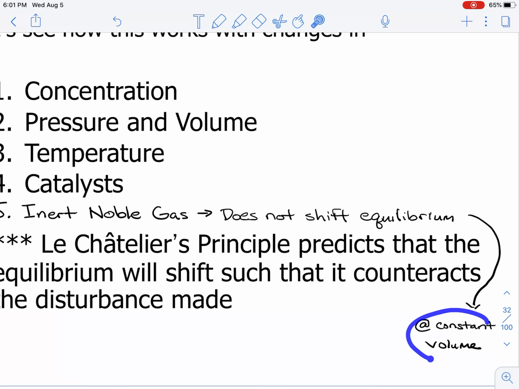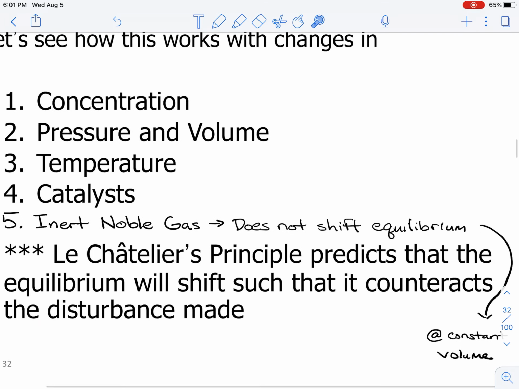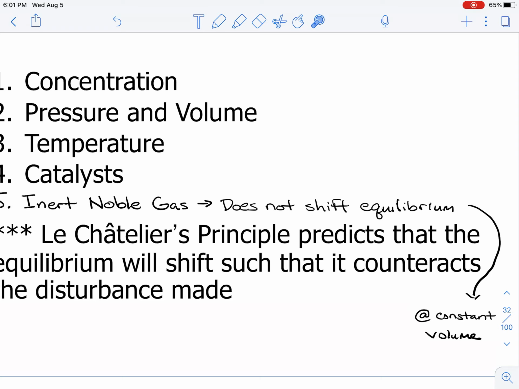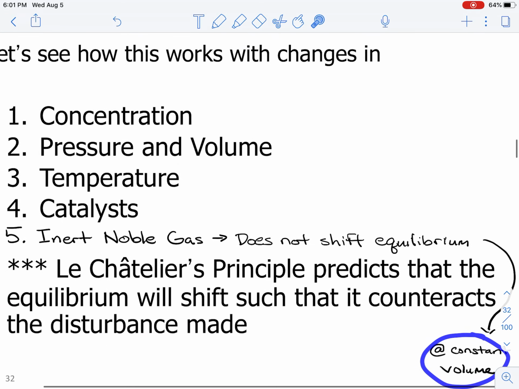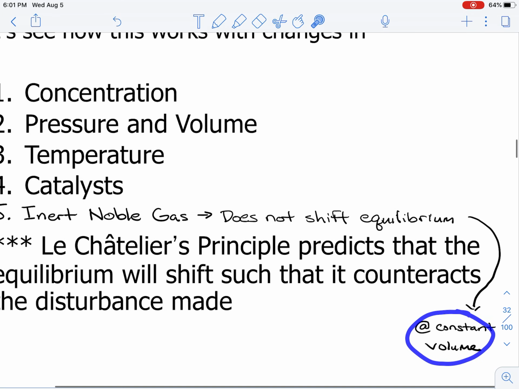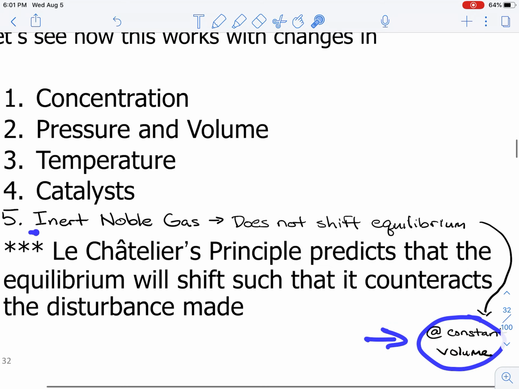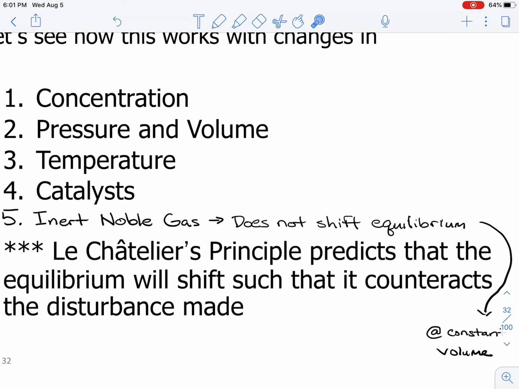If we are under a constant pressure system, then that changes things a little bit, but that's going to be for a different story. We're not going to be focusing on the condition in which we have constant pressure. We're just focusing on constant volume for the addition of inert gas, and overall there is no shift in the chemical equilibrium.